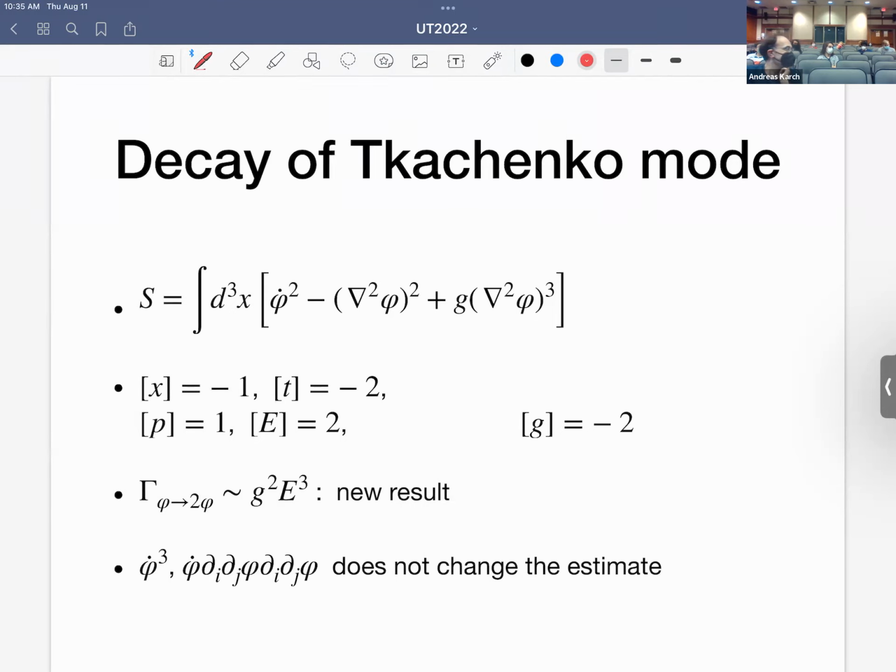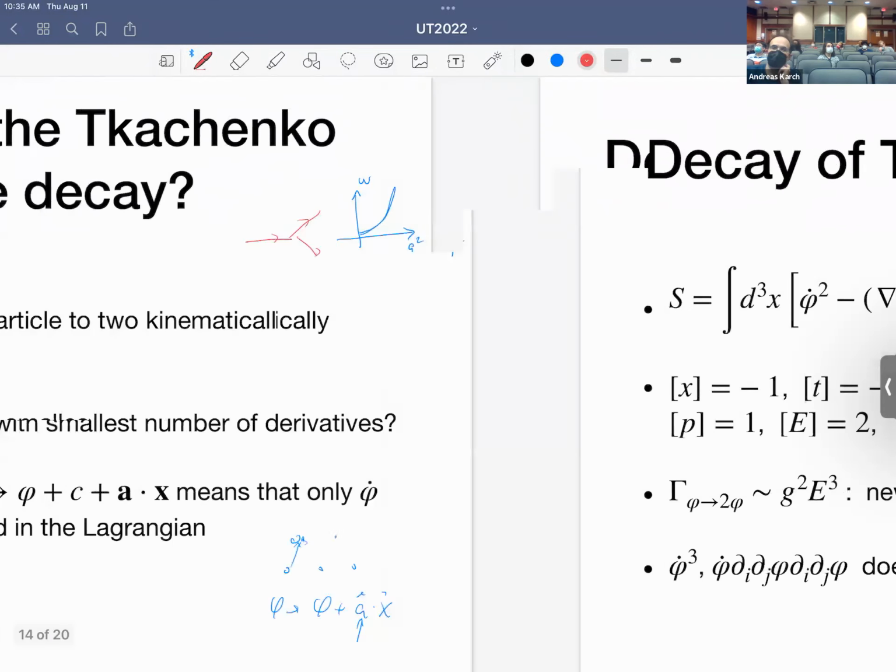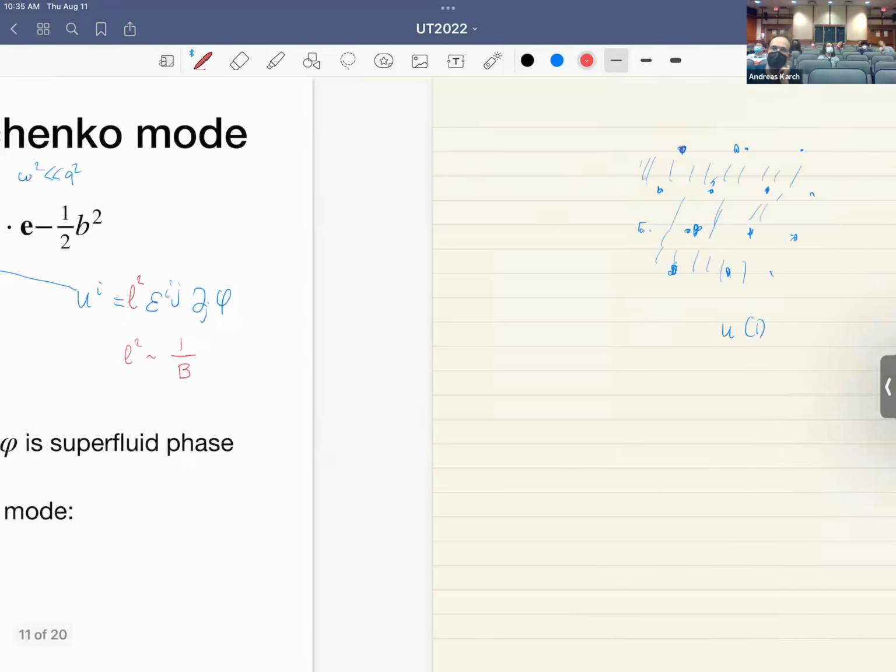There's no phi goes to minus phi symmetry. U goes to minus U. Let me go back to here. I think there is none.